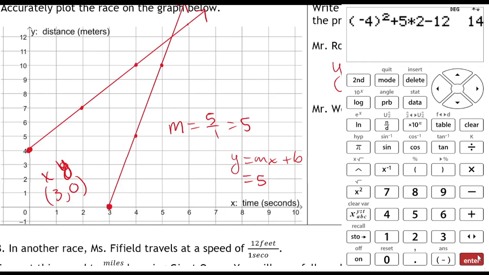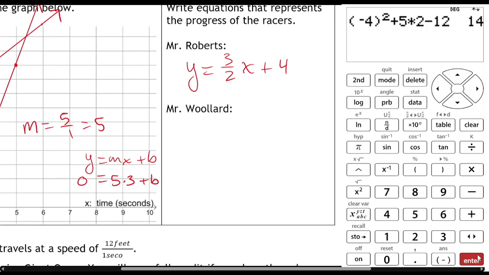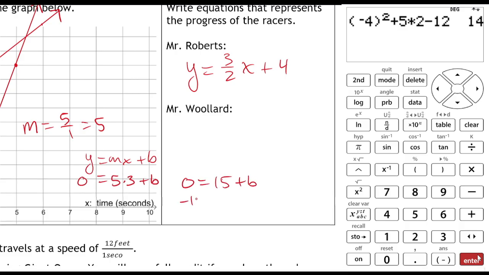So we can say y, which is 0, equals 5 times 3 plus b. Take that a step further, and it's 0 equals 15 plus b. If I take away 15 from both sides, I get negative 15 is what b is.